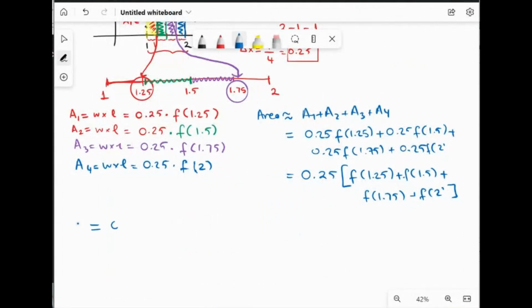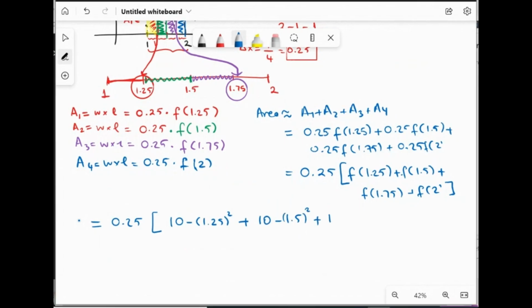So I will continue here. 0.25 times 10 minus 1.25 squared, so this is f of 1.25, plus 10 minus 1.5 squared, plus 10 minus 1.75 squared, plus 10 minus 2 squared. This is f of 1.5, f of 1.75, f of 2.